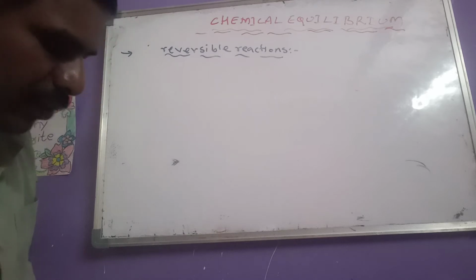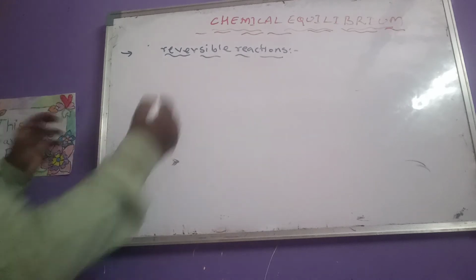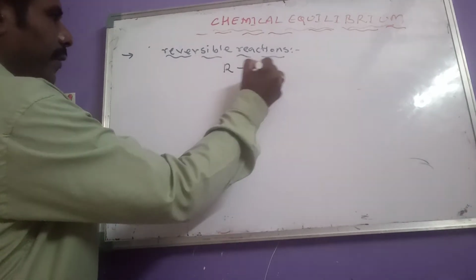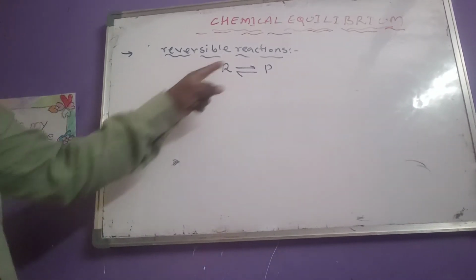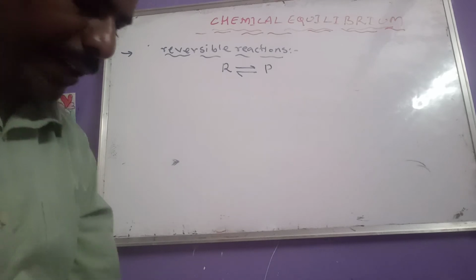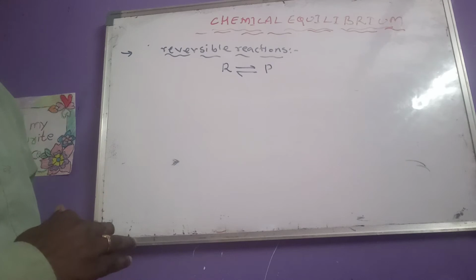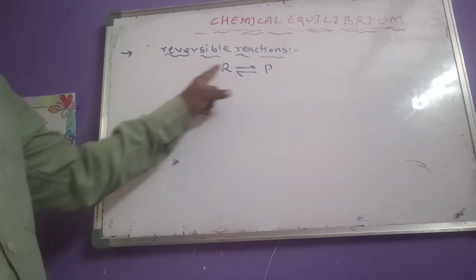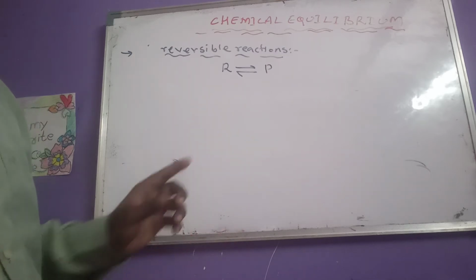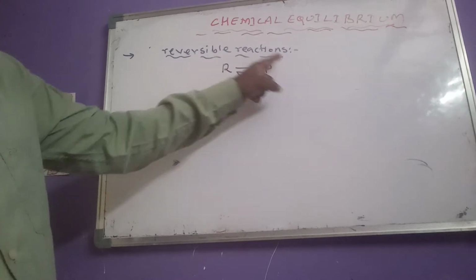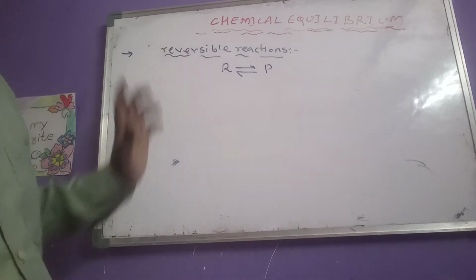Reactants giving products is one direction, and products giving reactants again is the other. The reactions in which both forward and backward reactions take place are called reversible reactions. Forward reaction means reactants giving products, and backward reaction means products giving reactants.